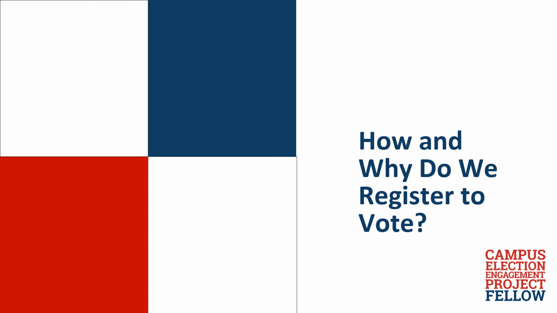Pre-registration allows individuals as young as 16 to sign up to automatically be registered to vote when they turn 18. Registration forms are offered on paper or electronically. After filling one out and turning it in, you may receive a voter identification card if your state requires it.